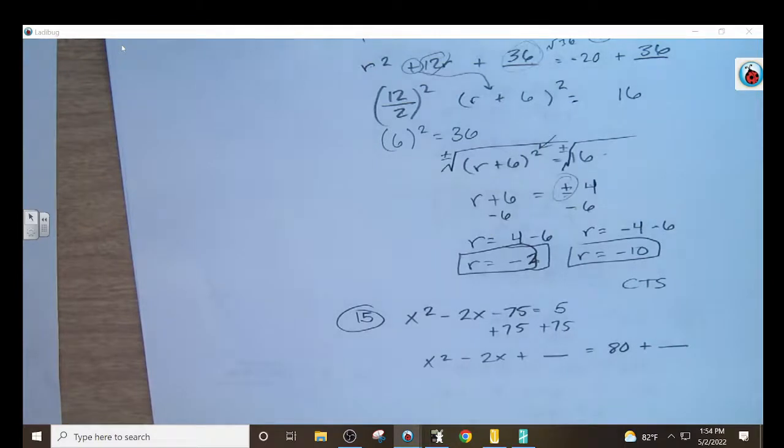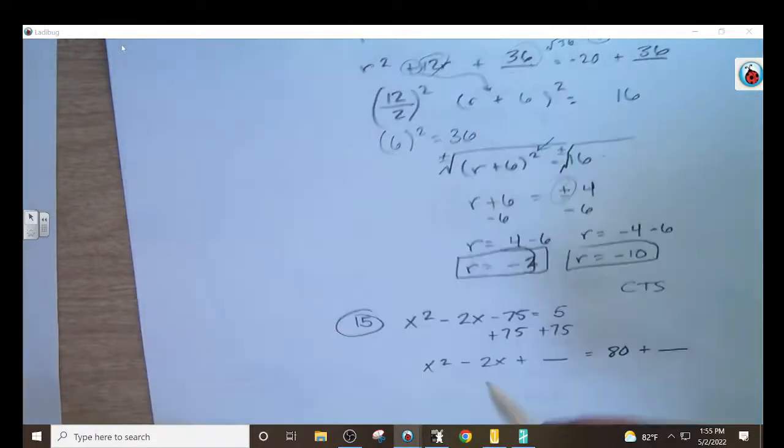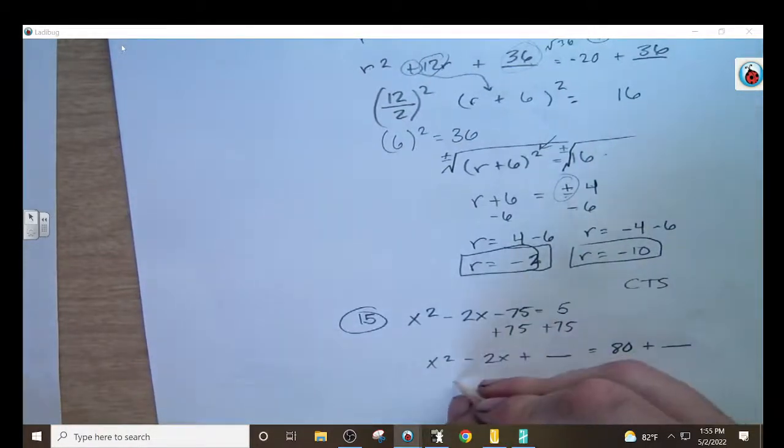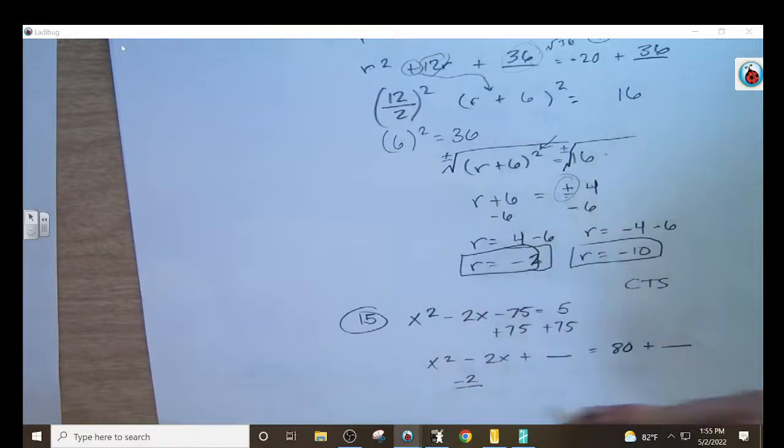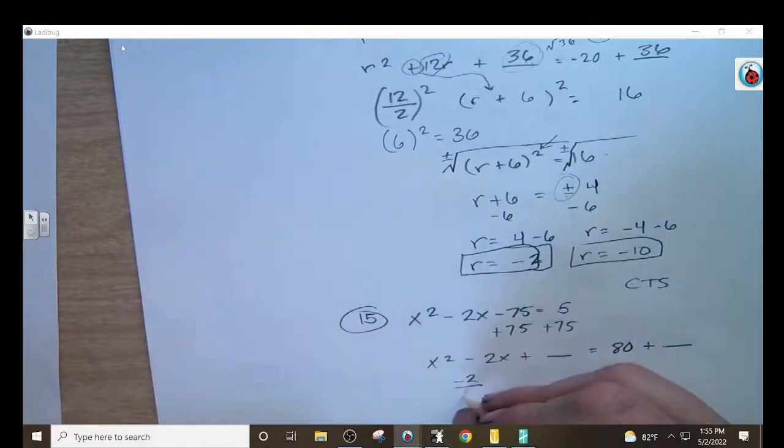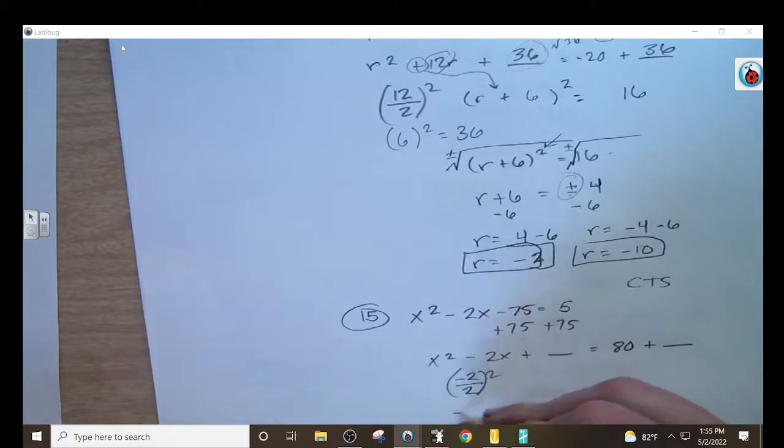Now, can somebody tell me how to find the numbers that go in these blanks? It's the same number. Negative 2, which is the B value. What am I going to do with it? Divide by 2, then square. So that's negative 1.